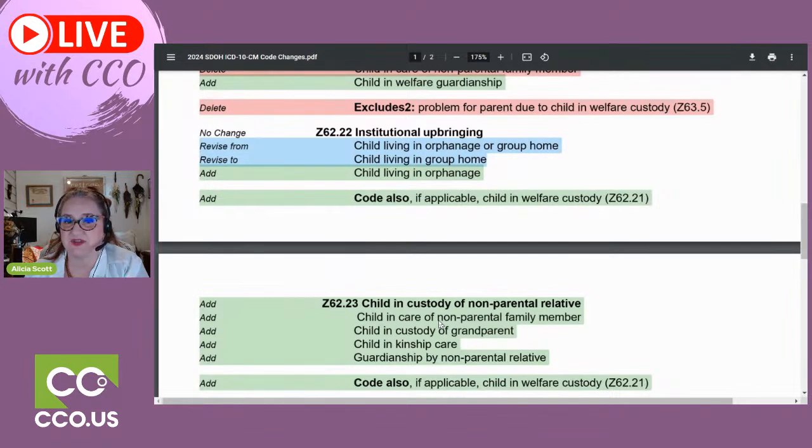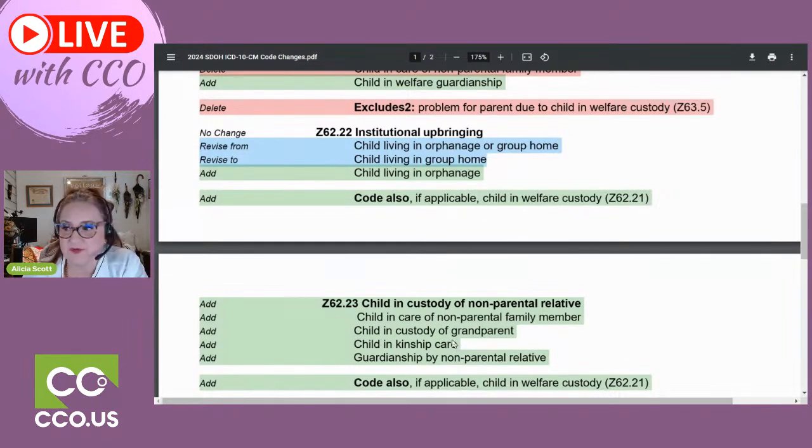Welfare custody is very, very specific. Then it would also need to be appended the Z62.21. That makes a specific different translation. So you can have a Z62.22 and a Z62.21. A child could be in a group home, and they could also be under welfare custody, or they could be under welfare custody and not be in a group home.